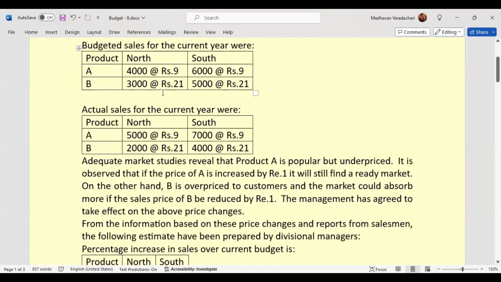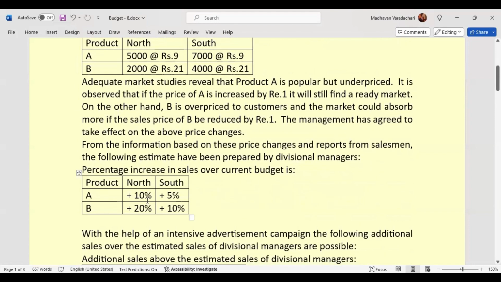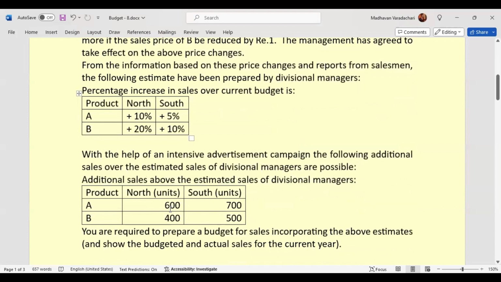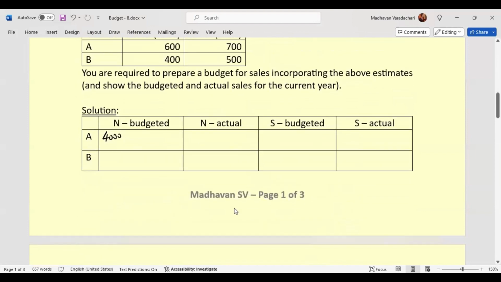You can increase this by 10% sale quantity, plus you can add also 600. So 4,000 into 1.1 plus 600. This entire thing can be sold at 10 rupees instead of 9 rupees. That means this is 4,400 plus 600, 5,000 into 10, 50,000 will be the budgeted sales.